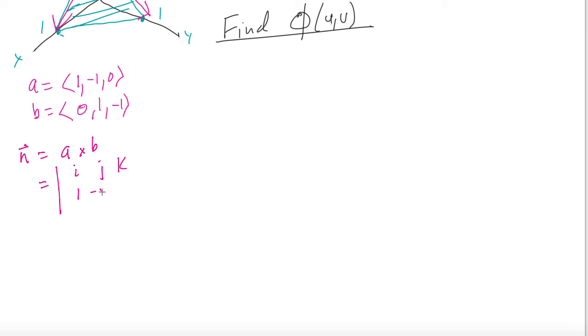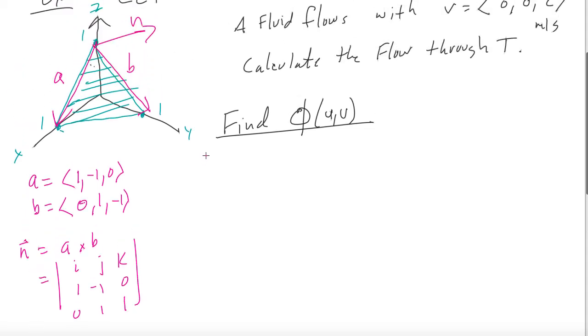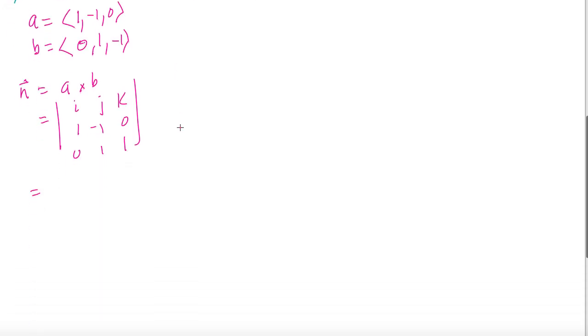For i, covering these up, it's going to be negative 1 times negative 1, which is 1, minus 0.